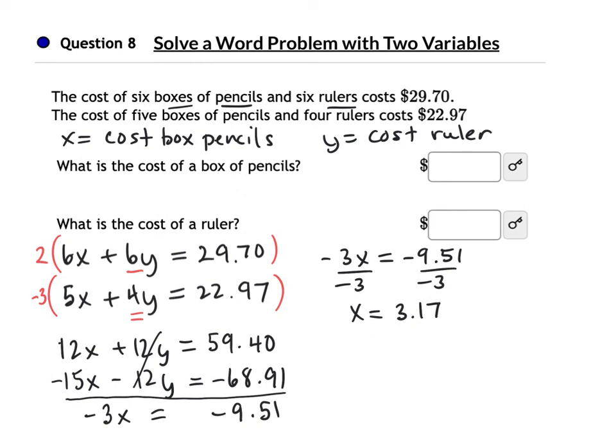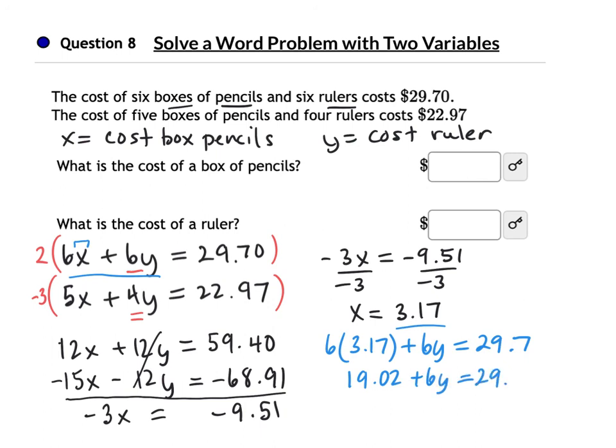I'm going to take one of these equations. How about this one? And I'll plug in the x. So 6x is 6 times 3.17 plus 6y equals 29.7. So I'm replacing x right here with 3.17. 6 times 3.17 is $19.02. I'll take $19.02 from each side.